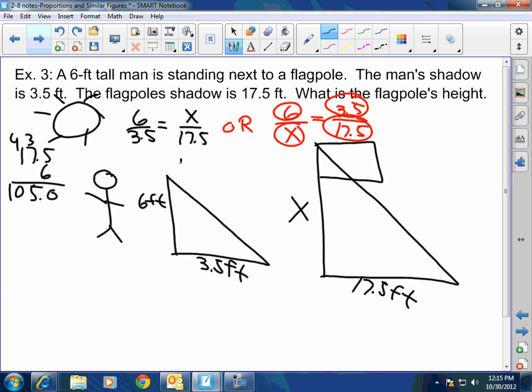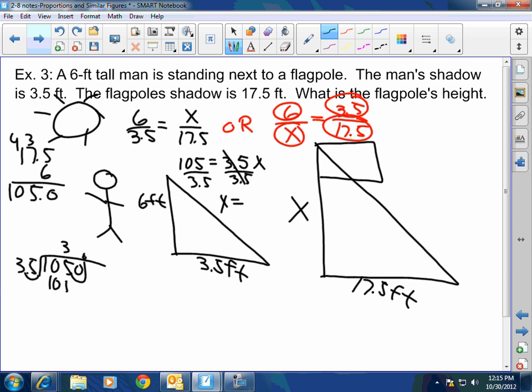So I have 105 equals 3.5x, divided by 3.5, divided by 3.5. X will equal 105 divided by 3.5. Move the decimal one to the right, one to the right. Bring that decimal up so I don't forget. That goes in 3 times, which is 105. 35 goes into 0, 0 times, 30 feet.